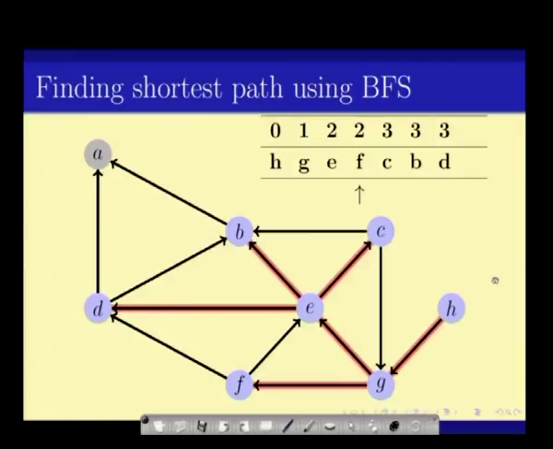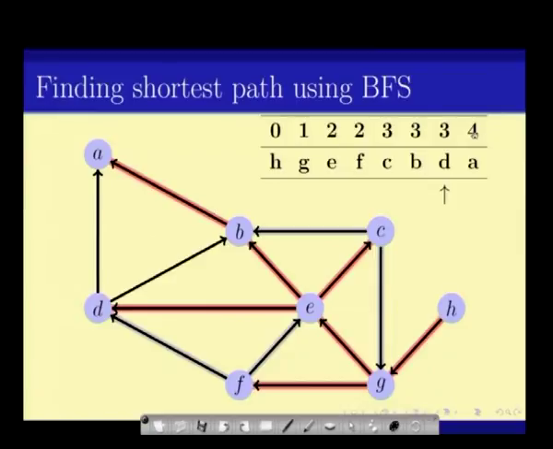Similarly for D, and now we look at F. F of course does not have any edge left to an untouched vertex, and so we do not change anything. Similarly for C, and when you look at B, we will have A. Now, B is marked as 3, so A's distance must be marked as 4.